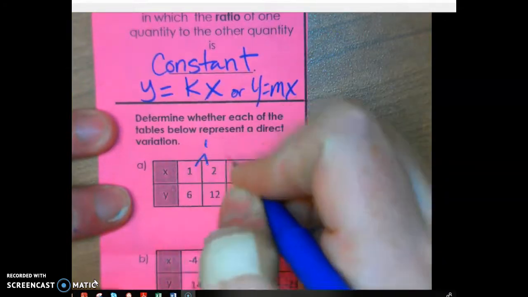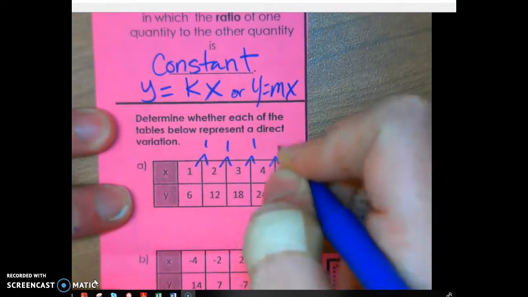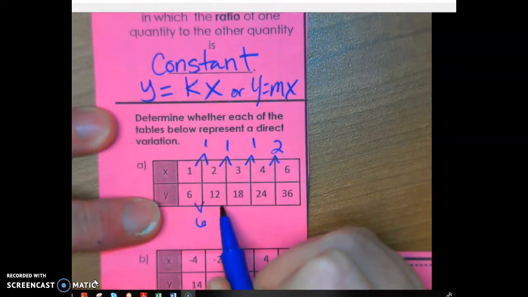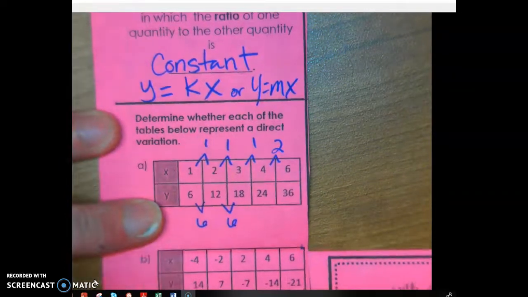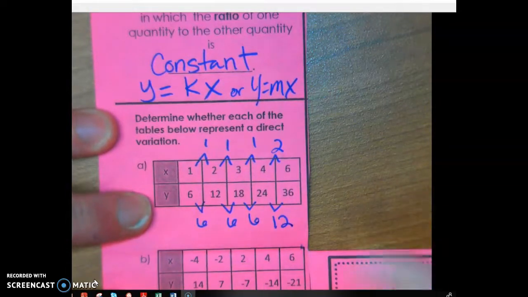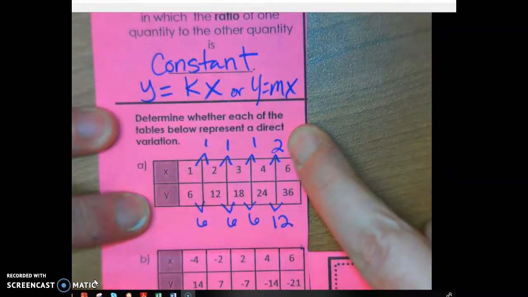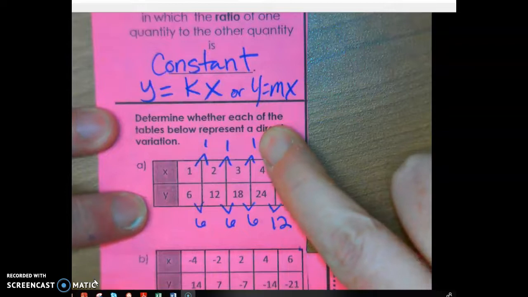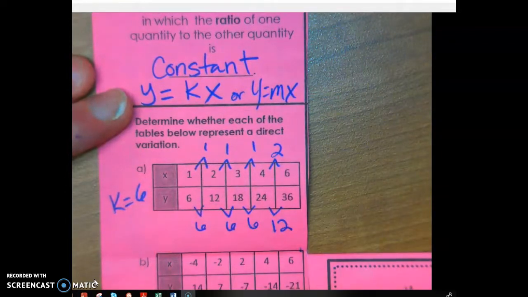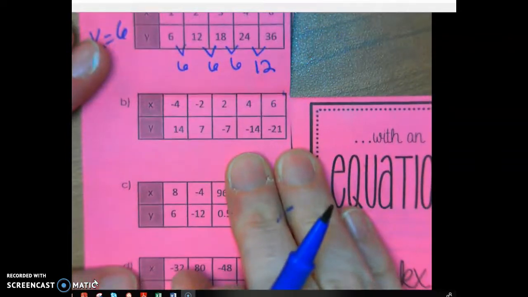So we've got 1, 6 and 2, 12. Remember, y over x. So 12 over 2 is still 6, and 6 over 1 is 6. So my k equals 6. I'm okay. I'm going to skip over b. You can do that one on your own.